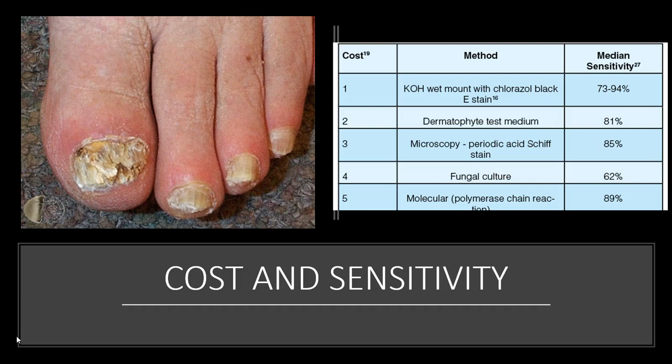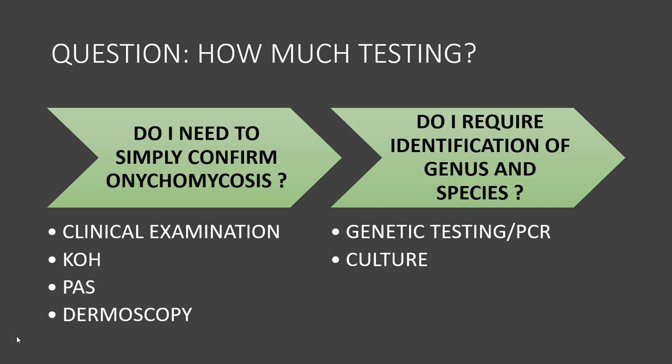However, we do have the problem of false negative testing. PAS is a reasonably priced test, associated with very acceptable false positive and false negative rates to be considered. And again, microscopy is increasingly being looked at as an alternative.